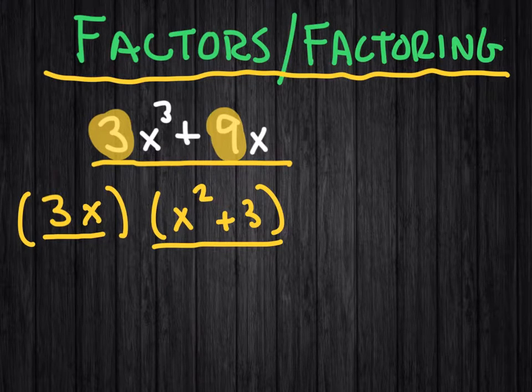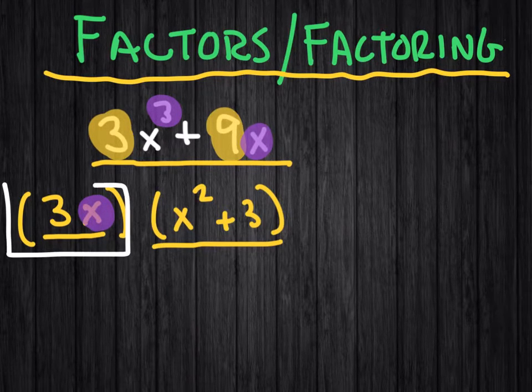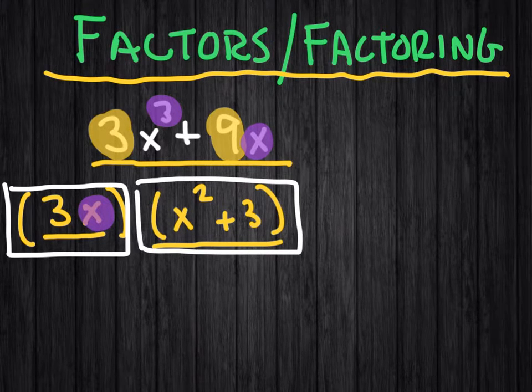And so again, what I noticed is that there was some commonality of the x's that could be taken out, and that's why it was able to come out. So again, what does it mean to factor something? It means to divide out your values. And so I divided out a 3x, and the remainder was this nice little guy right here. So these are known as the two factors of that particular case.